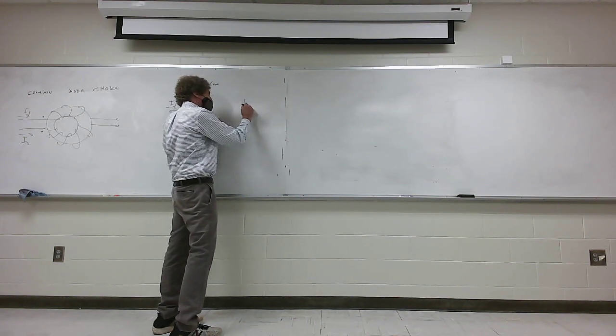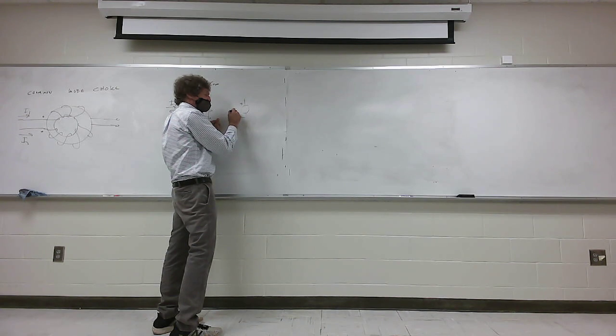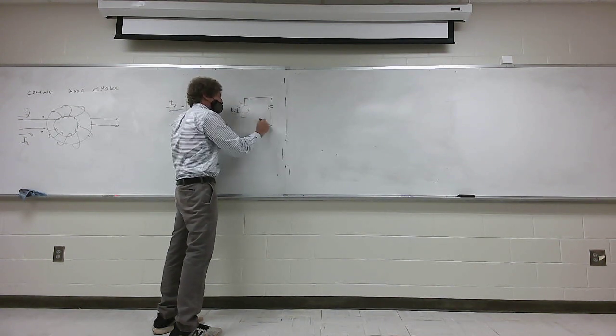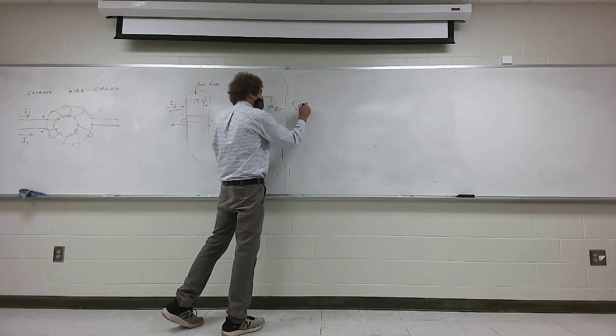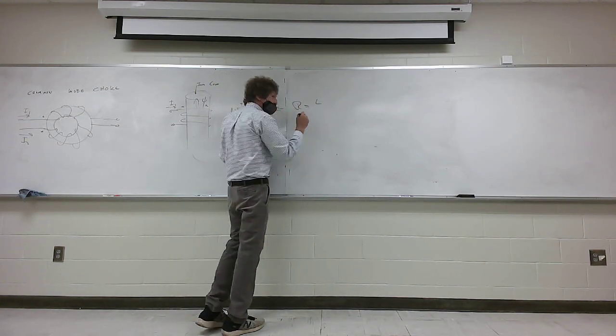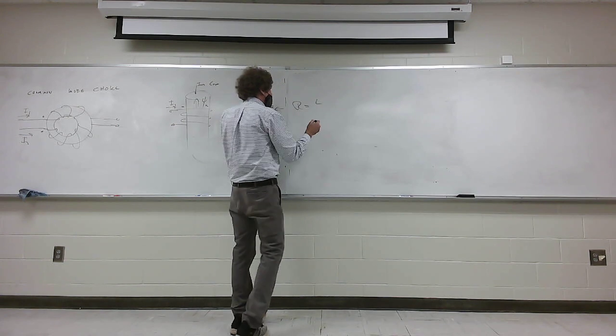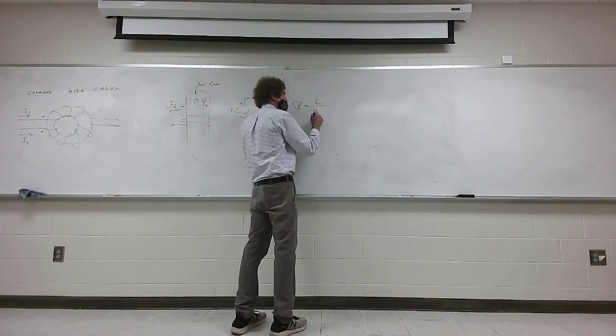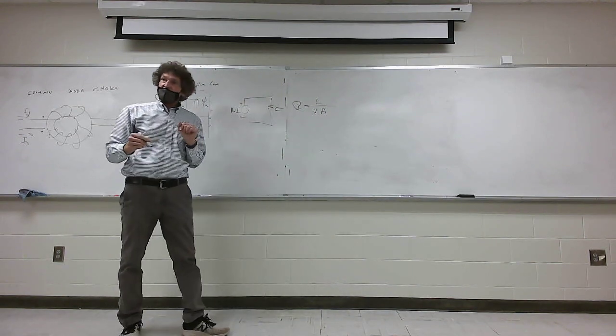What you could say is I have this fictitious magnetic voltage, Ni, and I have a fictitious reluctance here, and that's equal to the length of this thing over the permeability of that thing divided by the cross-sectional area. Y'all remember that?